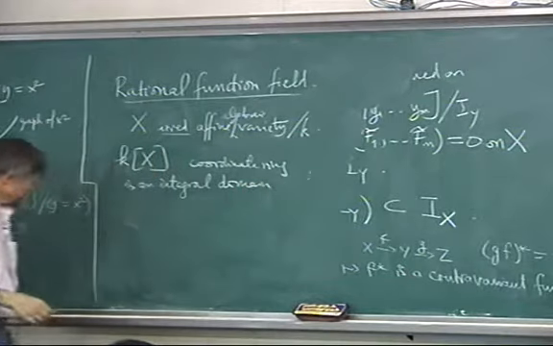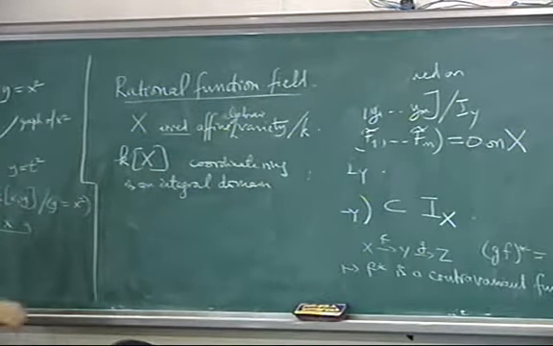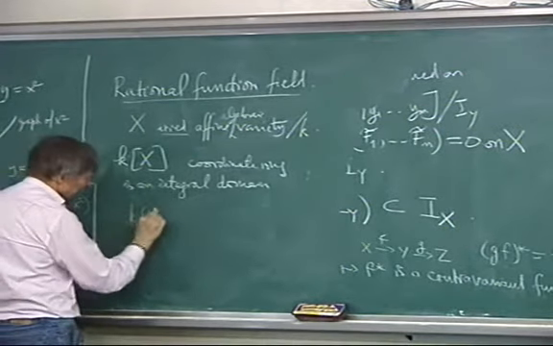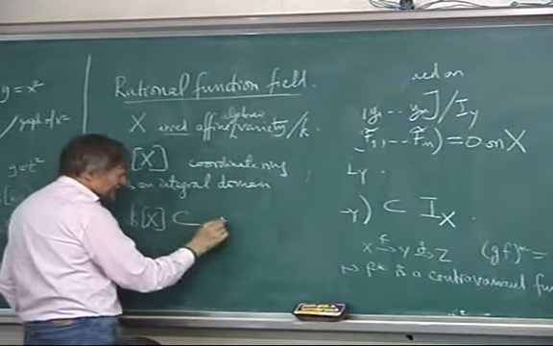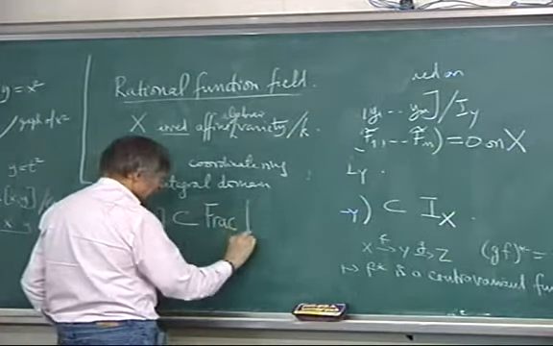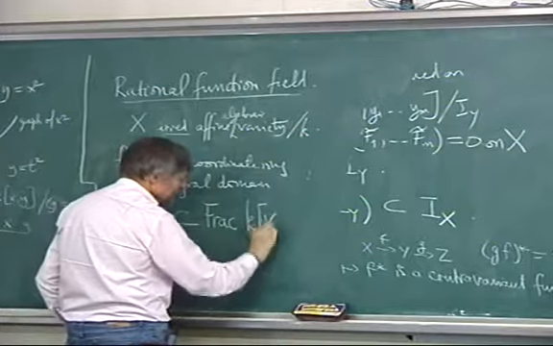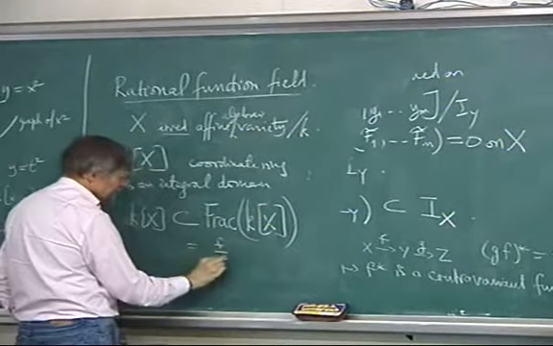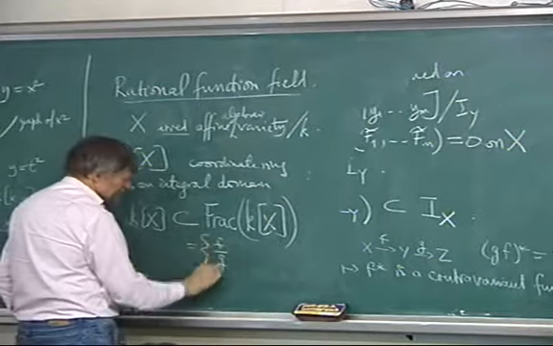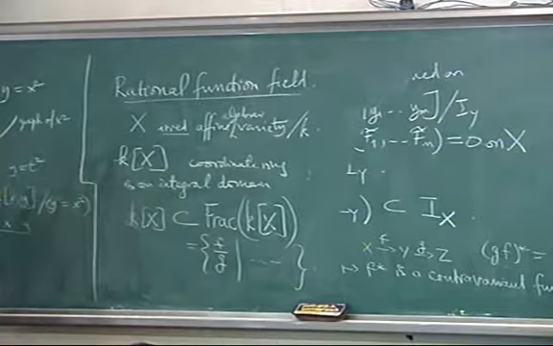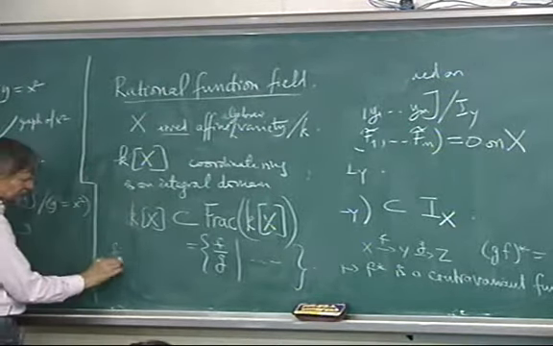Okay, so what's an integral domain good for? An integral domain is useful because I can take K of X and include it in a field of fractions. So this is Frac of K of X. This is a set of f over g, the field of fractions.